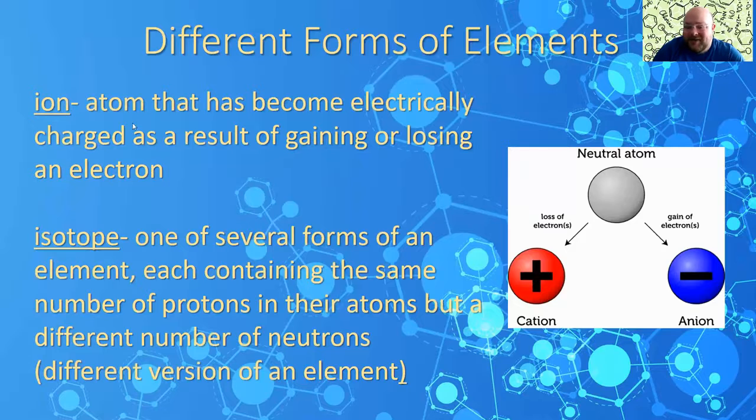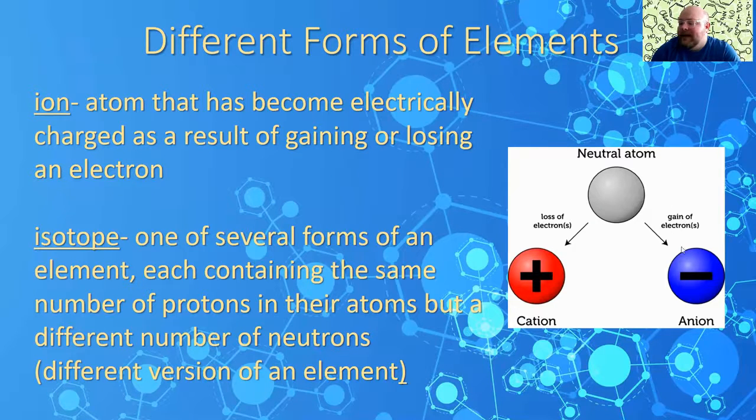So when we start talking about things like ions and isotopes, you'll know what's going to happen. If you lose an electron, so you lose a negative charged part of the atom, it's going to have more positive charges left over. So that's why losing an electron makes it a cation, a positive ion.